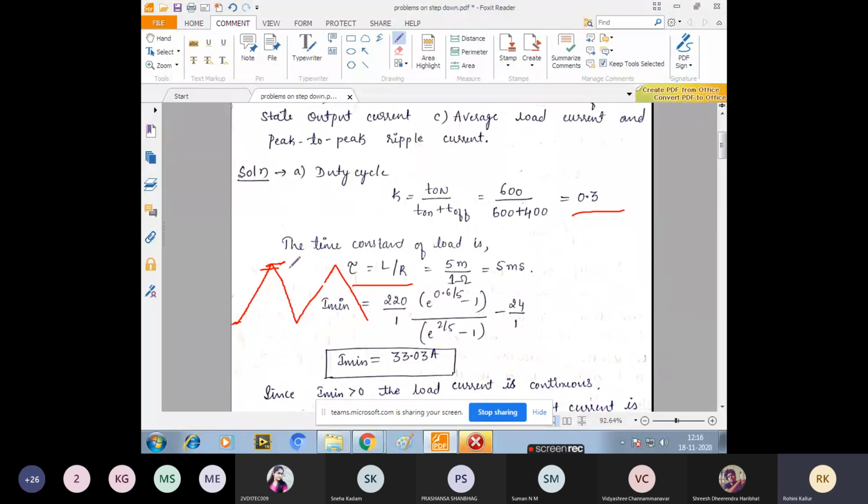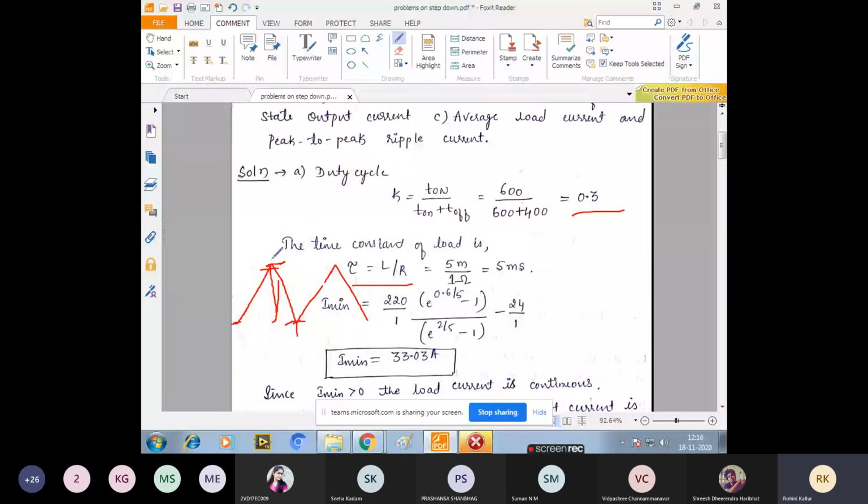Whenever capital I2 reduces during the T off and by the time it reaches capital I1 level, if your chopper is in the on condition, that means the chopper is switching with a frequency such that the current flowing through the RL load, the inductive load, is continuous. At that time we say that the current is continuous.